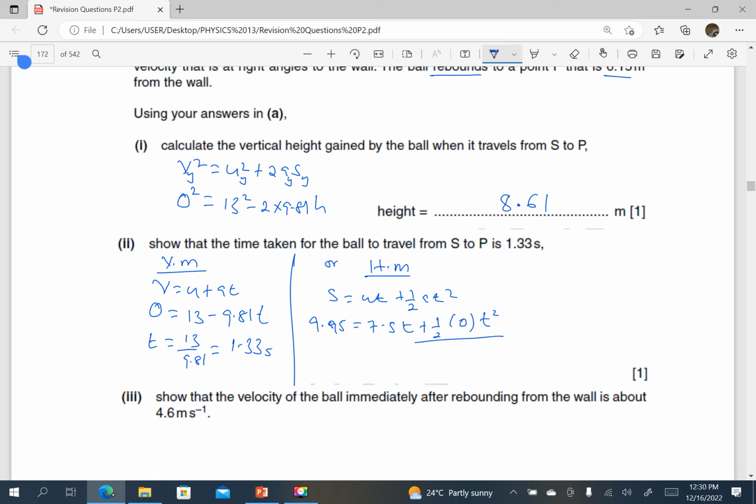This part becomes 0. There is no acceleration in the horizontal. So T equals 9.95 divided by 7.5, and it is 1.33.